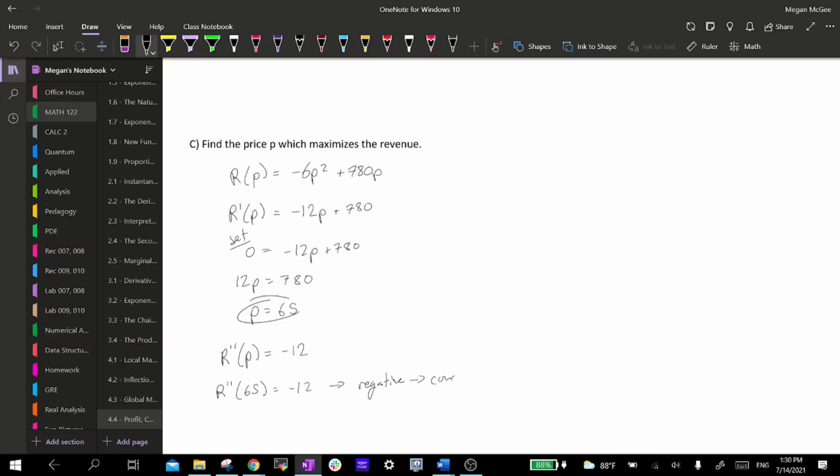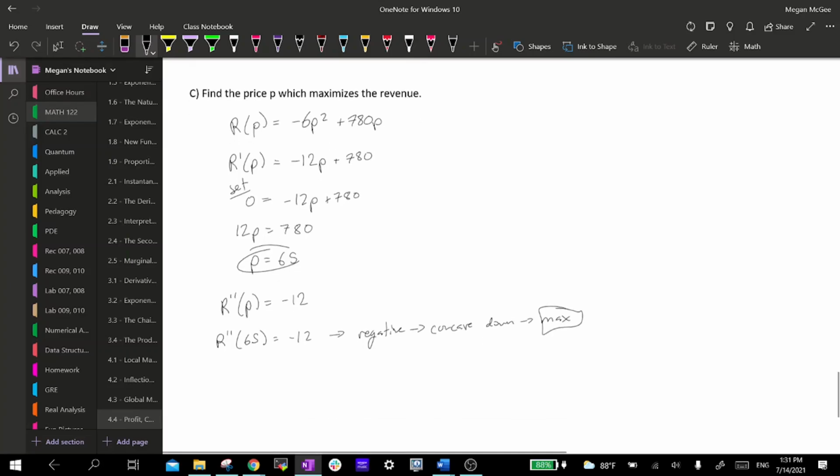So it's concave down, so this is a maximum. So $65 will maximize the revenue.